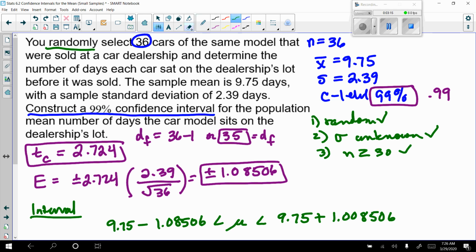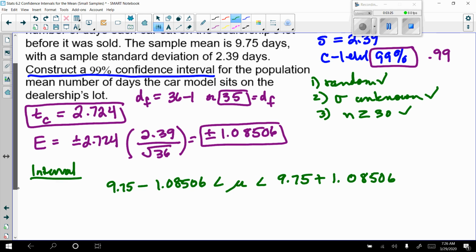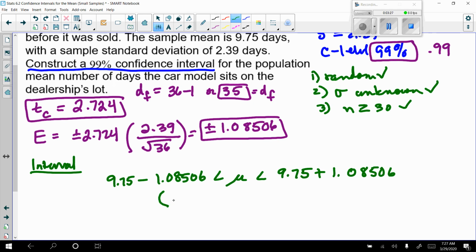Oops, I wrote that wrong. There's an extra zero in there. And that comes out to be, having our interval, 8.665 to 10.835.